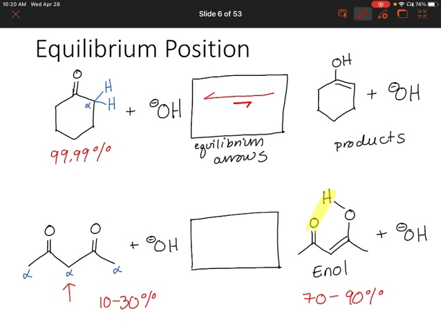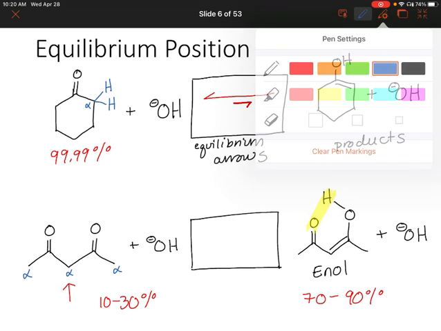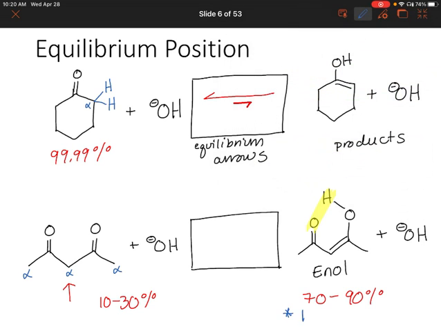So the enol is actually more stable than the diketone due to H bonding and resonance. So those two things are further stabilizing the enol. So when we draw our equilibrium arrows, we're going to draw one arrow super long going towards the enol, and then the other arrow super short going towards the ketone.